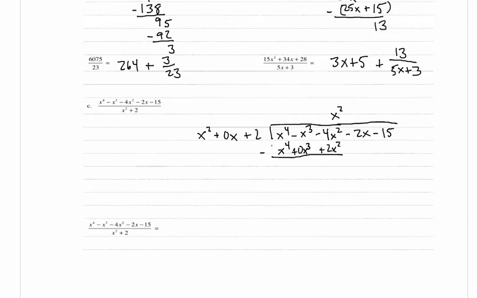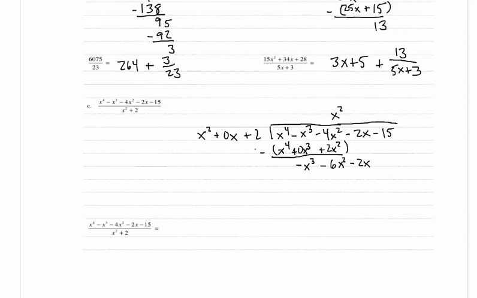And now we subtract, and we have x to the fourth minus x to the fourth is 0. Negative x cubed minus 0x cubed is negative x cubed. And negative 4x squared minus 2x squared is negative 6x squared. And now we're going to carry down our negative 2x.